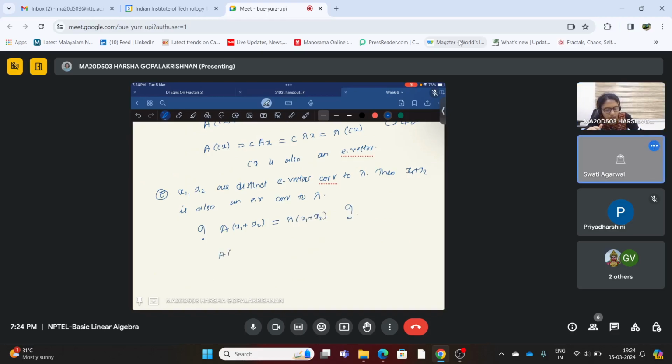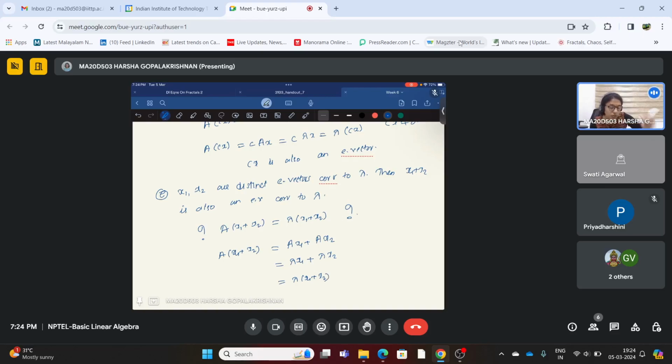So we will start with A(x1 plus x2). We can split it: Ax1 plus Ax2. Now what is Ax1? Lambda x1, plus lambda x2. That means lambda into x1 plus x2.